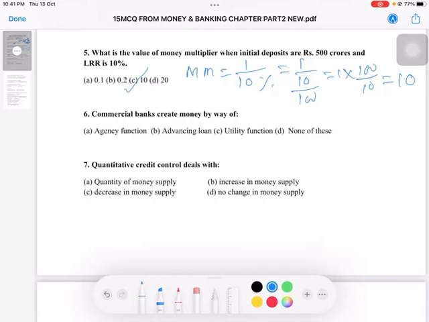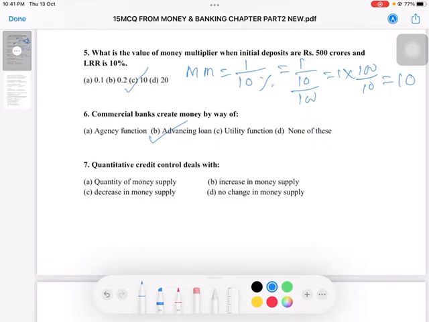Next question, quantitative credit control deals with quantity of money supply, increase in money supply, decrease in money supply, no change in money supply. This quantitative credit control is a part of the monetary policy of central bank. Through this policy, central bank controls the supply of money. So here the right answer will be quantity of money supply.